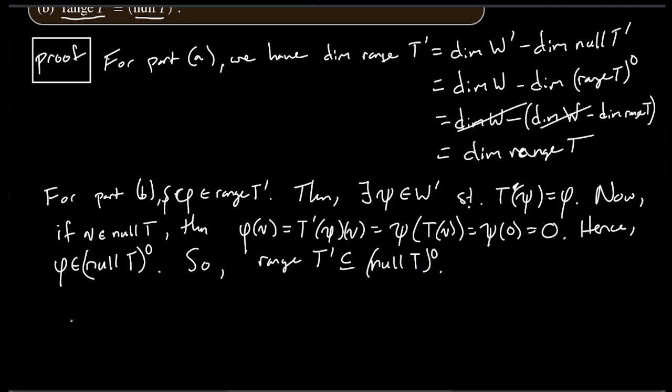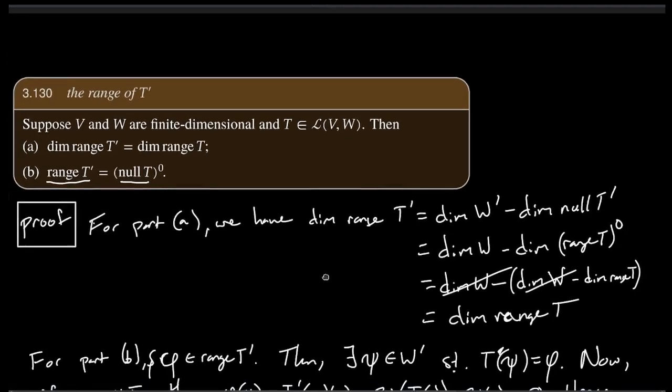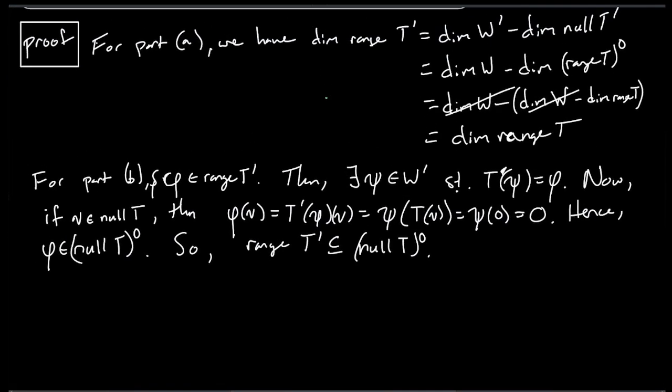Now, let's go the other way. Or, even easier, we can go the other way. We can try to show that the null space of T's annihilator is contained in the range of T's dual, and thus show that they are equal. Or maybe a little bit easier, we could use this first part, and we could just say, hey, check it out.